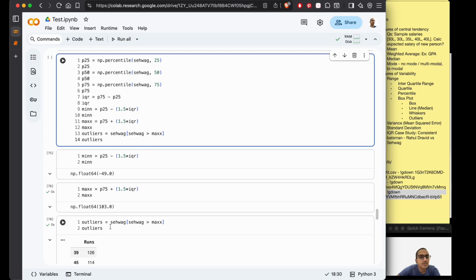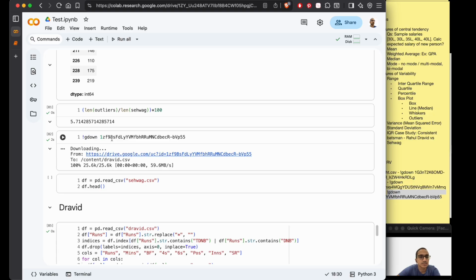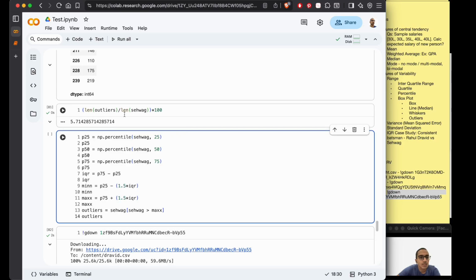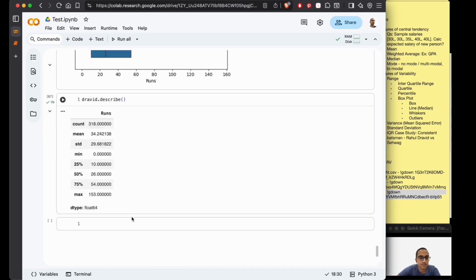Outliers, and right now we'll use the exact same thing to get the percentage.